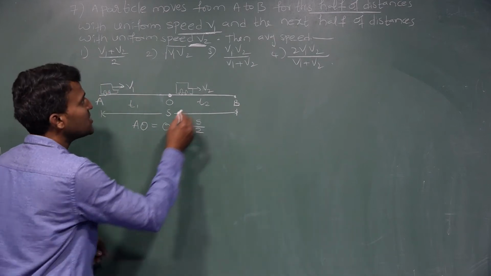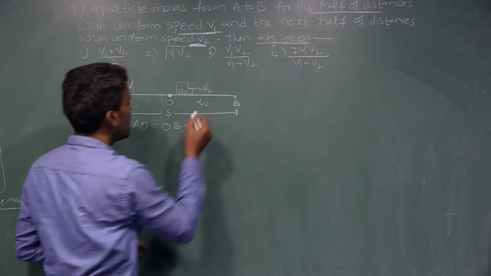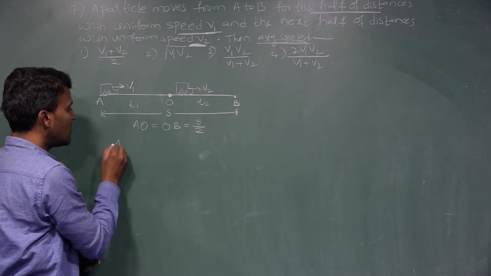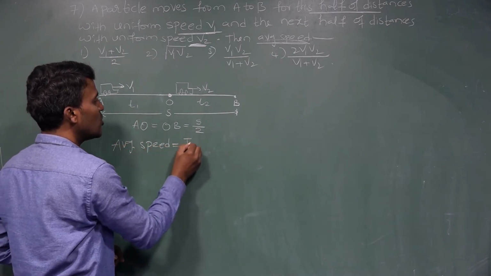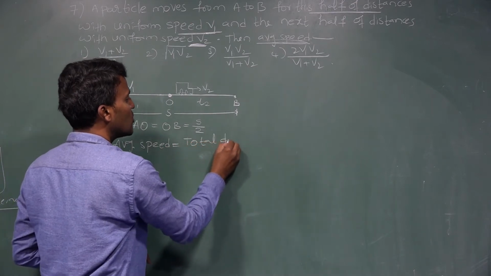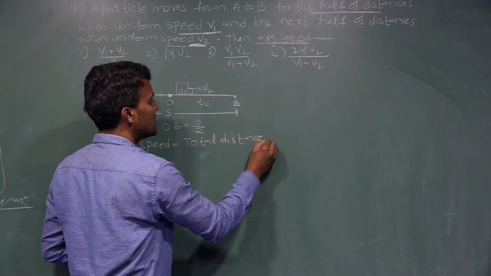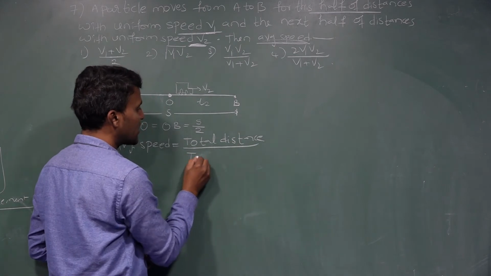Now we have to calculate the average speed. What is the formula? Average speed is equal to total distance divided by total time taken.